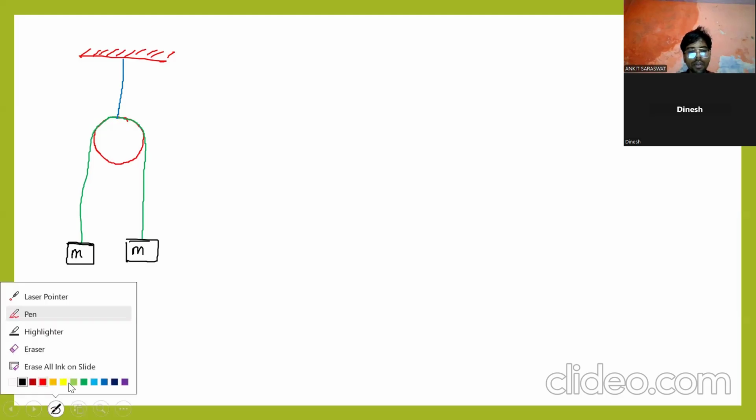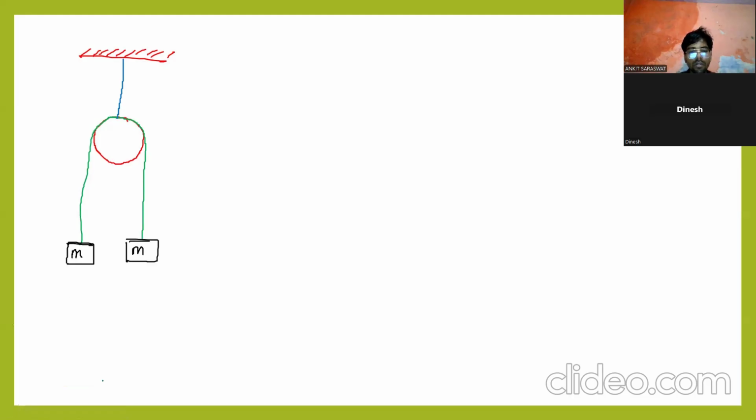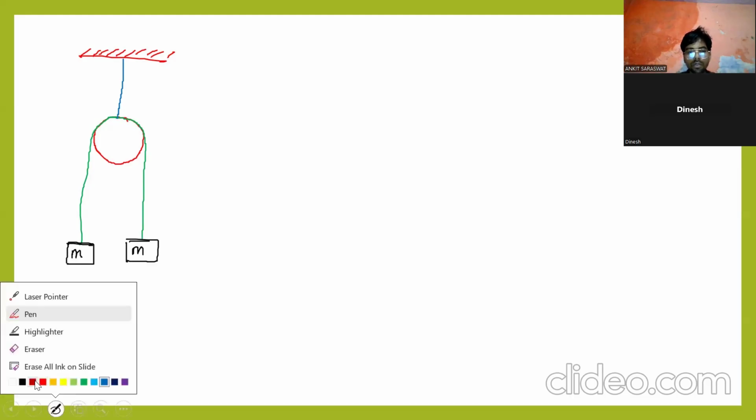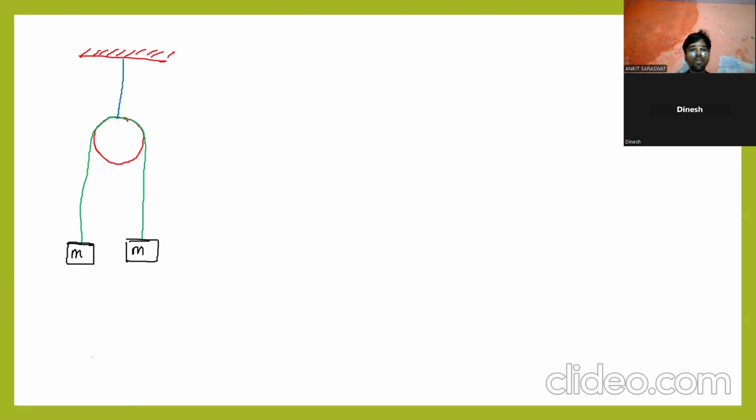So if I ask, what is the direction of the tension force, if I ask you to draw the tension force, how will you draw? First condition, if nothing is given, both the blocks are connected by the same string. Understood?